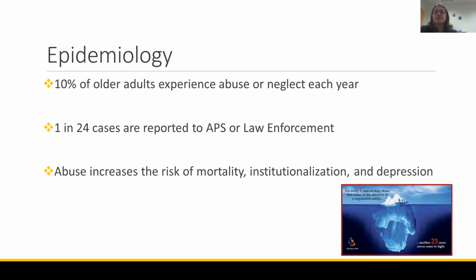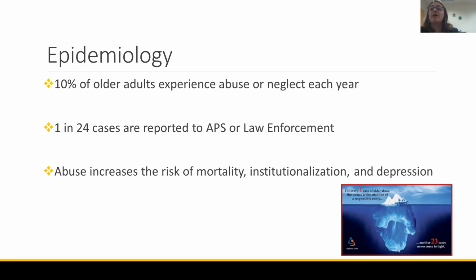And the other reason that clinicians should be particularly concerned about this phenomenon is because we know that elder abuse, in addition to having a lot of social and legal ramifications, has significant health outcomes as well. So the increased risk of mortality, the odds ratio there is about 3. So 3 times greater risk of dying in the year after abuse is found. That includes verbal and financial abuse. That's not just limited to physical abuse or neglect, which I think would more naturally be considered part of that.